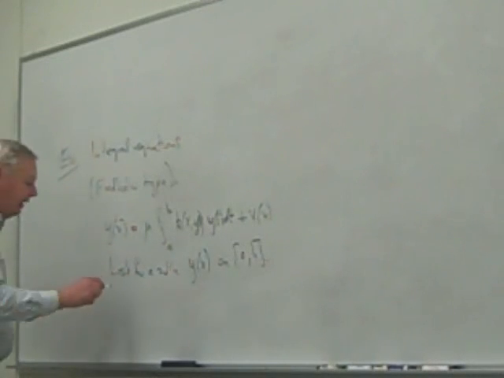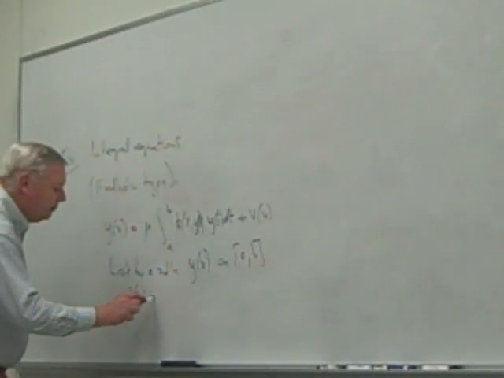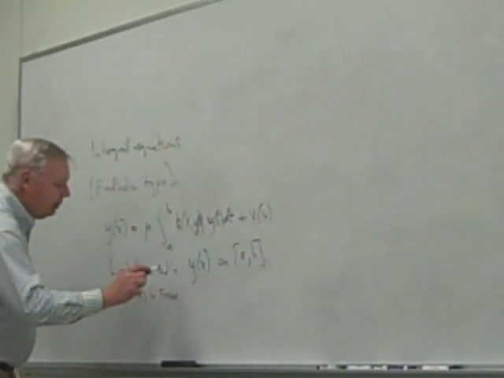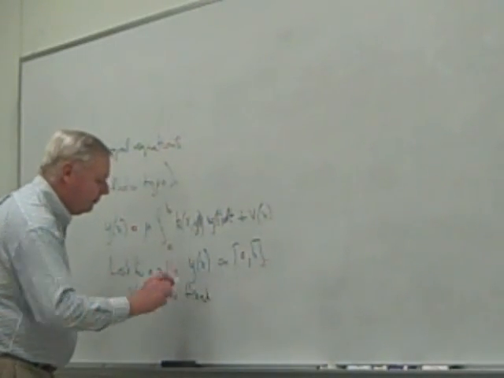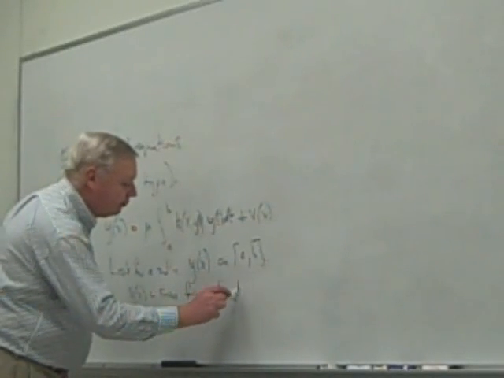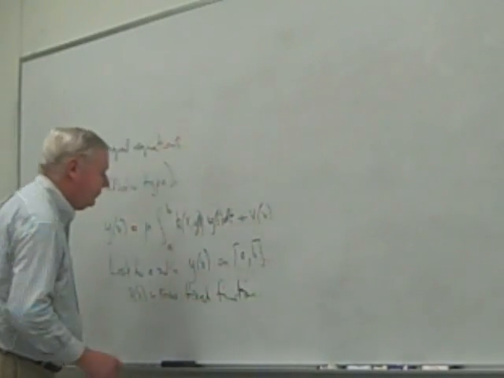And here, v of x is some fixed function. So the question is, when can you solve such a thing?